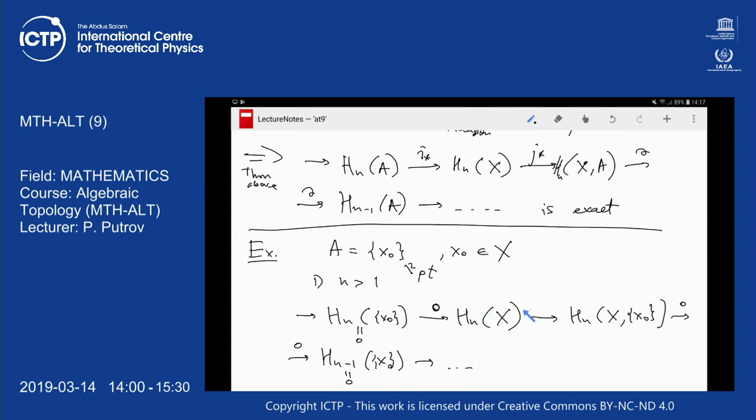Because its kernel is the image of the trivial map, so the kernel is trivial. But from another point of view, this map should be surjective, because its image should be the kernel of a trivial map, so its image should be the whole space. So this means that this should be an isomorphism, right?